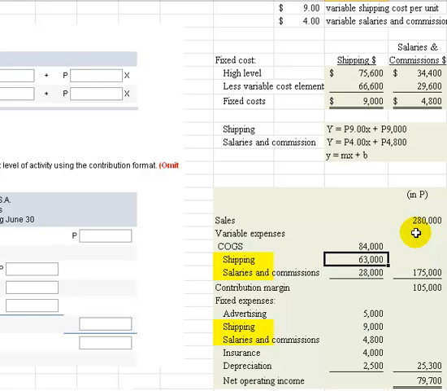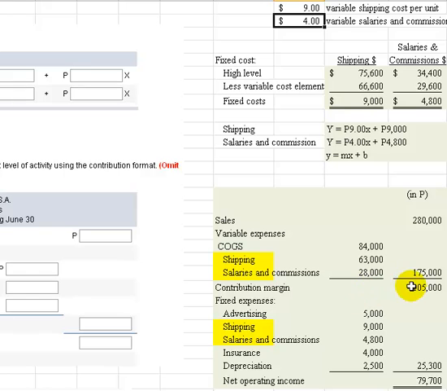Shipping, the variable portion, is going to be equal to the $9 that we calculated times 7,000. And the salaries and commission is equal to 4 times 7,000. The 4 came from the variable portion that we calculated.